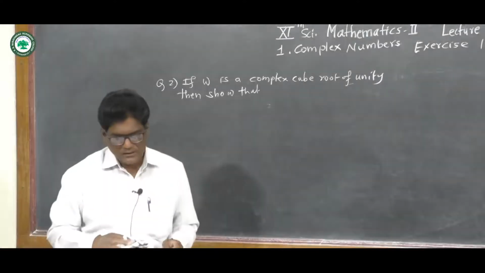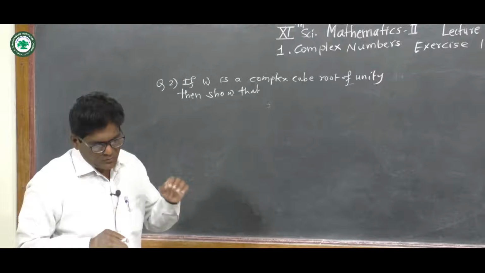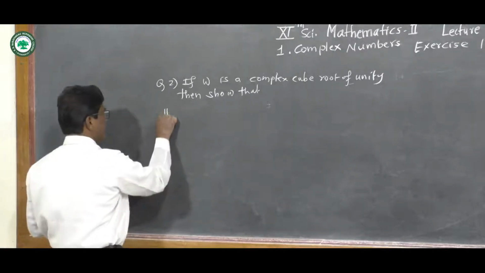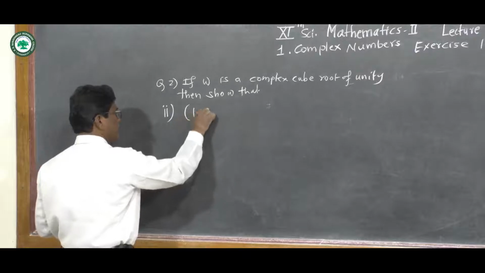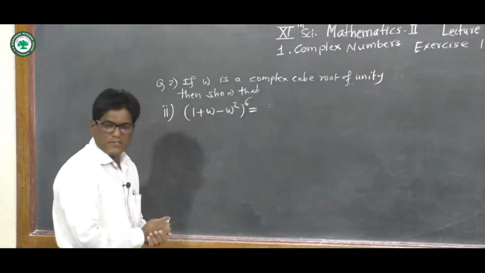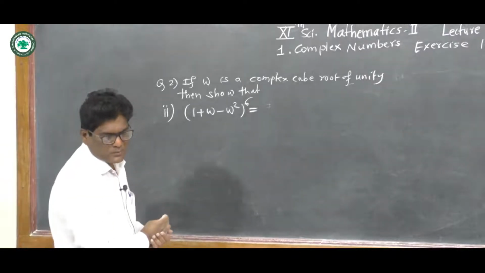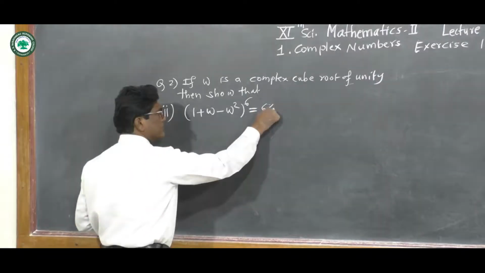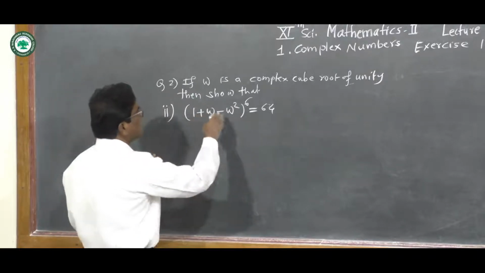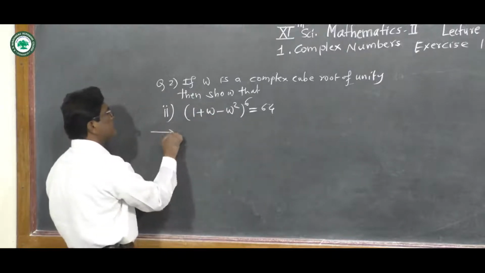Now second example. Second example here: (1 plus omega minus omega square) to the power 6 is equal to 64. We have to show this. Now here we consider the left hand side.